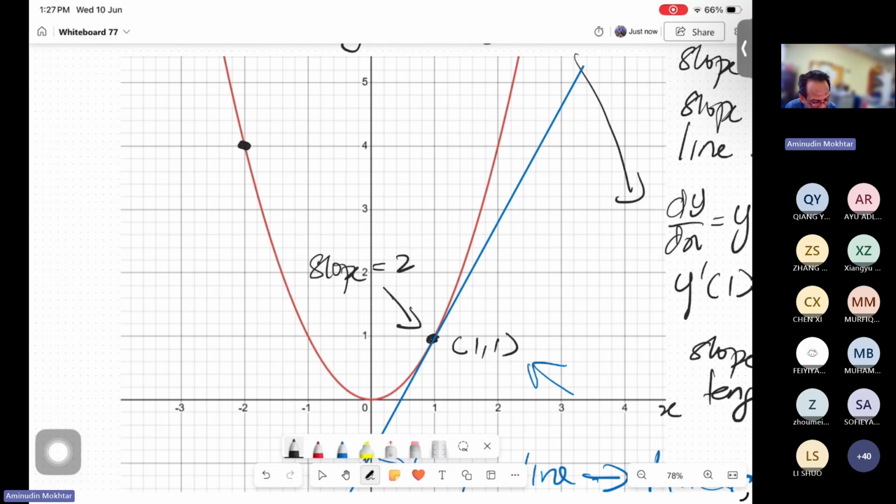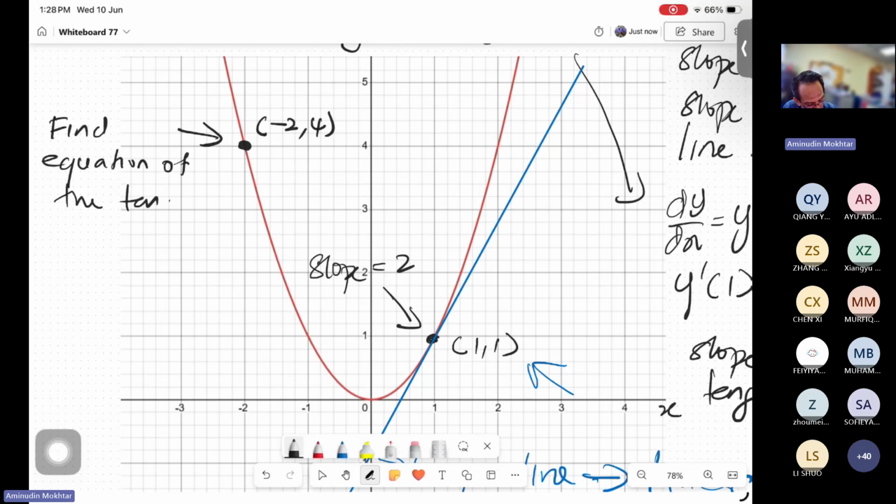Let's say I have this point, x equals negative 2, y equals 4. The same question: find the equation of the tangent line at the point x equals negative 2, y equals 4.